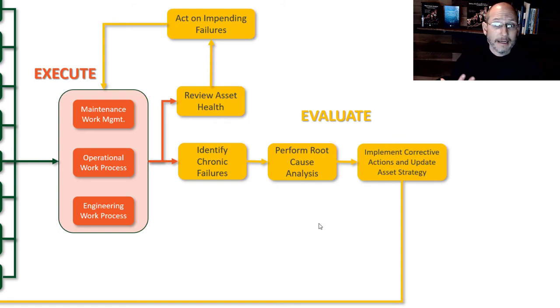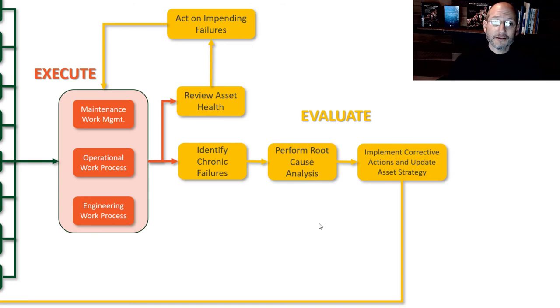It also helps us understand where our strategy went wrong. In a lot of cases, we go back to our strategy and maybe have to update the frequency of inspection, or maybe there was a task we missed, or a failure mode we didn't originally think of that we now have to put in there.